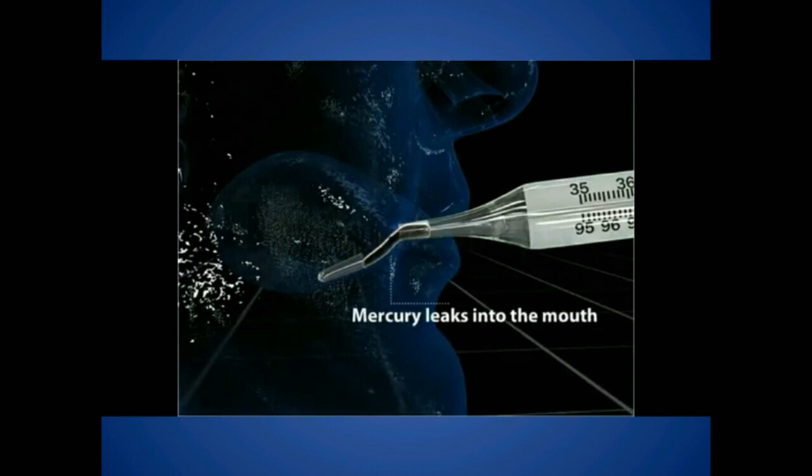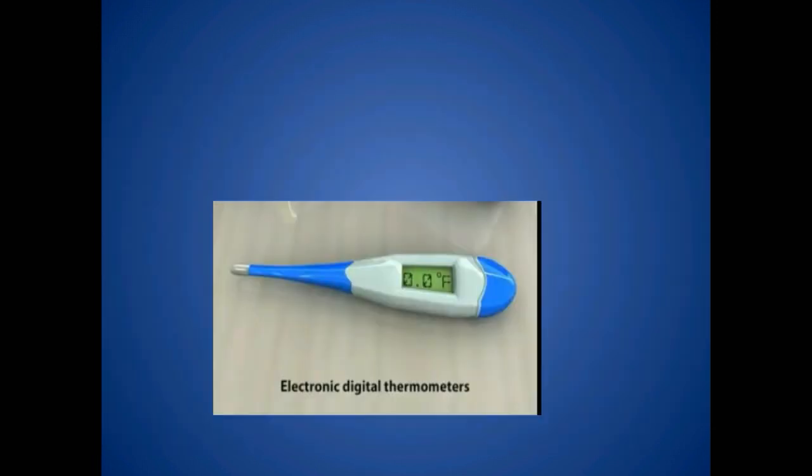This is the reason why mercury based thermometers are replaced nowadays with electronic digital thermometers or scanner thermometers. This is the electronic digital thermometer which doctors use instead of the clinical thermometer.